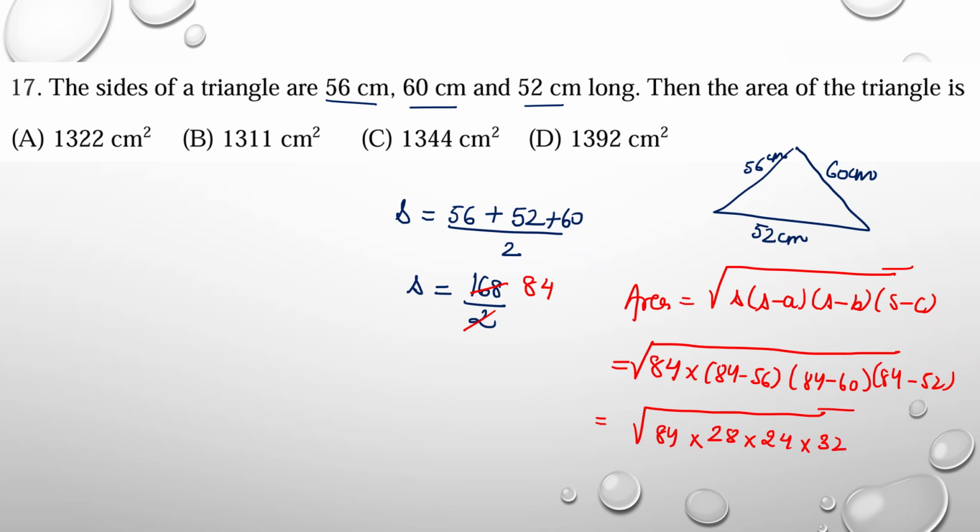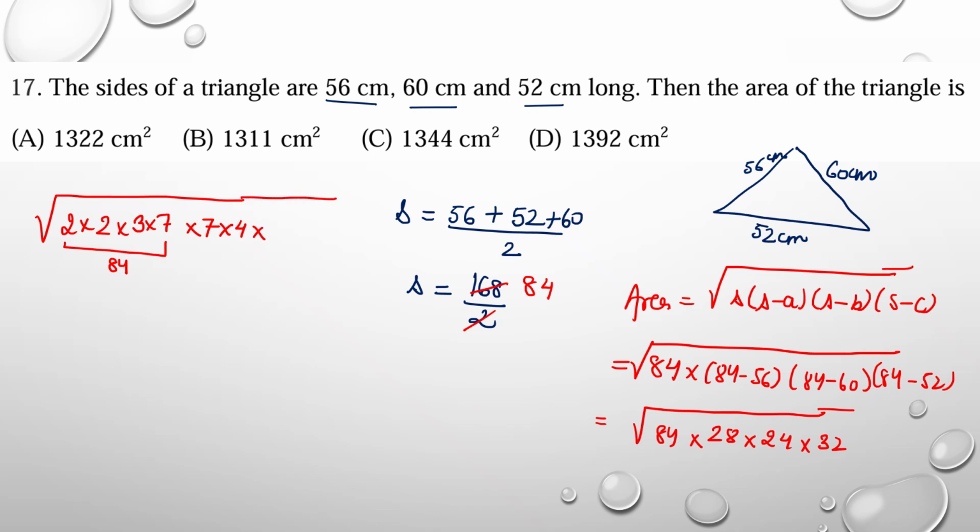Now open the bracket, this root 84 का prime factorize is 2 into 2 into 3 into 7. This one is your 84. Next is 28. 28 is 7 into 4.